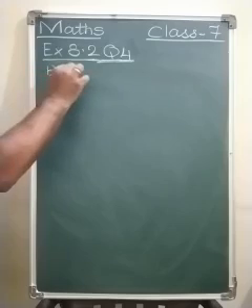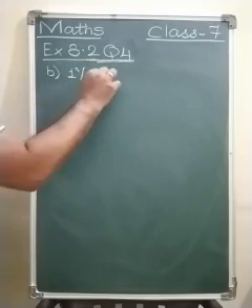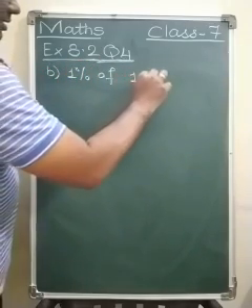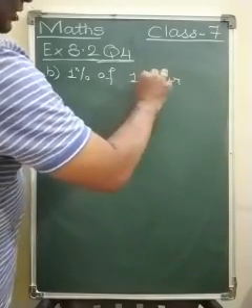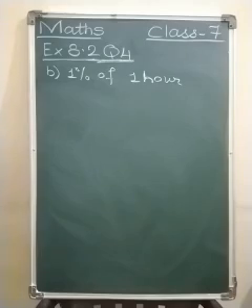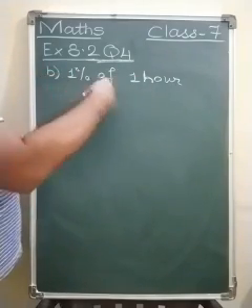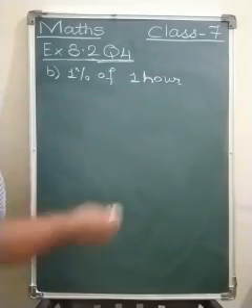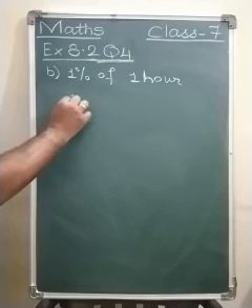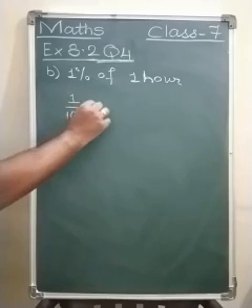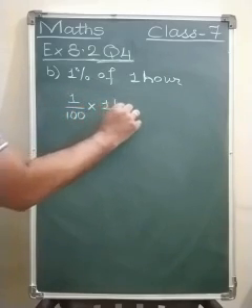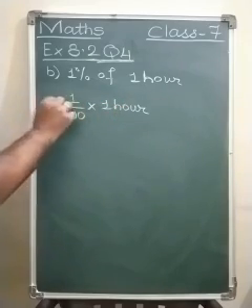Okay, B sum. 1% of 1 hour. Now if you go on doing 1% of 1 hour, nothing is to be gained. So 1 upon 100 multiplied by 1 hour.